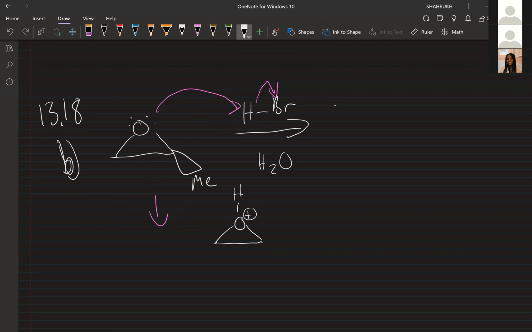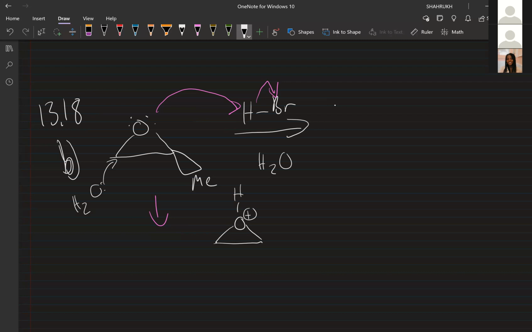because this water is only a moderate nucleophile. It doesn't have a full-on negative charge. It's not going to be powerful enough to come here and attack and kick open the epoxide. The attraction will never occur because the electrophile is too weak and the nucleophile is also too weak.